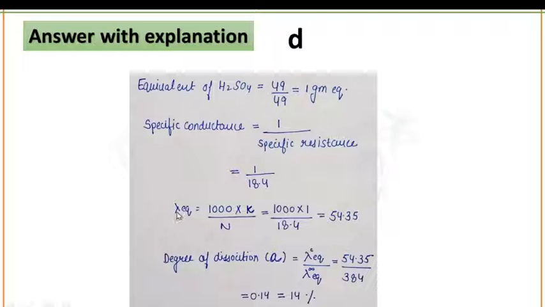To calculate lambda EQ, you need 1000 into K divided by N. After solving this equation, you will get the value of lambda EQ, and alpha is equal to lambda EQ divided by lambda infinity EQ. When you solve this, you will get 0.14, and in percentage you will get 14%. So the correct answer for this question is option D, that is 14%.